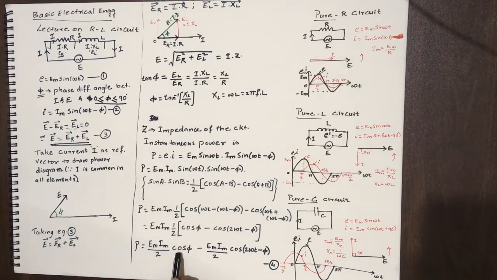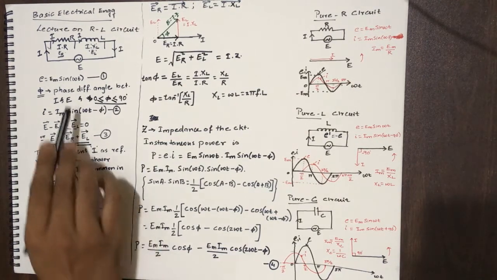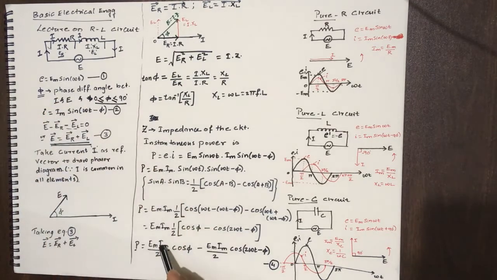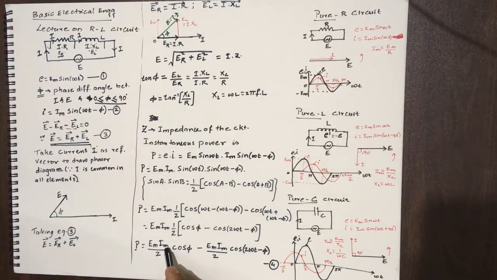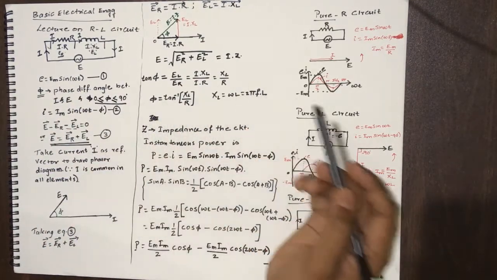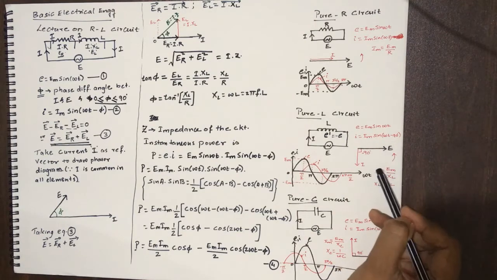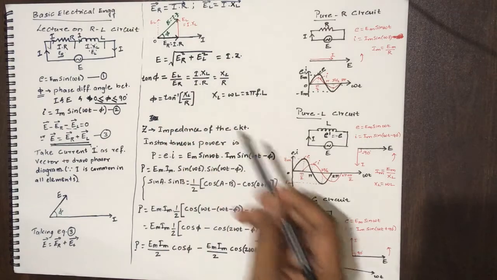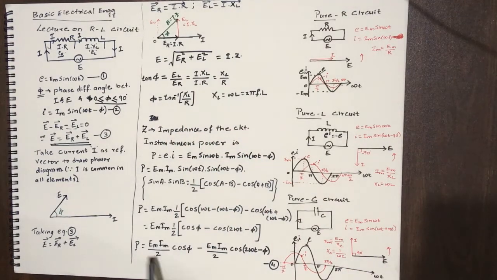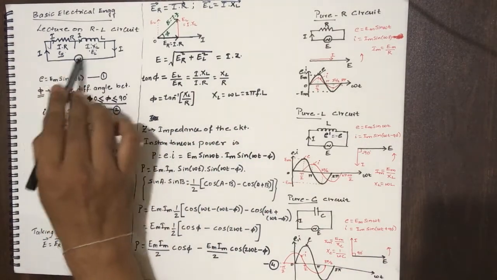Hence, the first term is a scalar, where Em and Im are the maximum values of supply voltage and current flowing into the circuit, whereas Im is equal to Em upon XL, where Em is constant and XL is also constant. Therefore Im is also constant for the given supply voltage and for the given circuit elements.